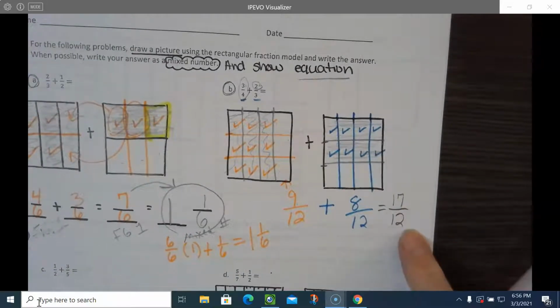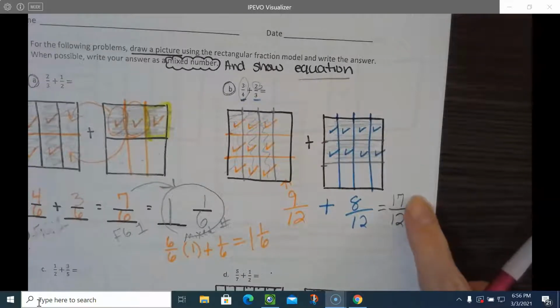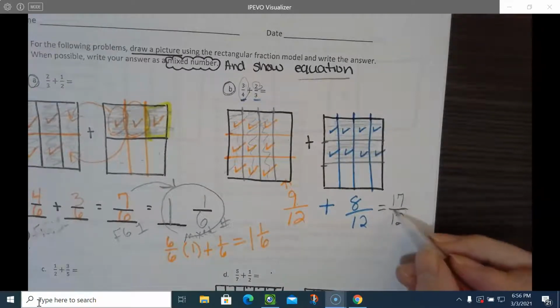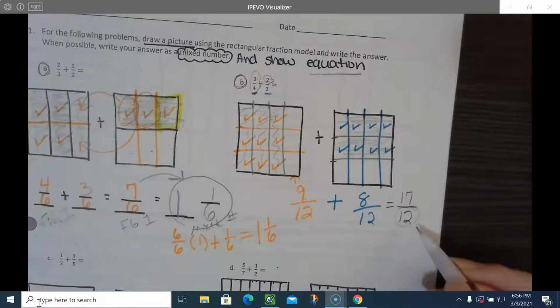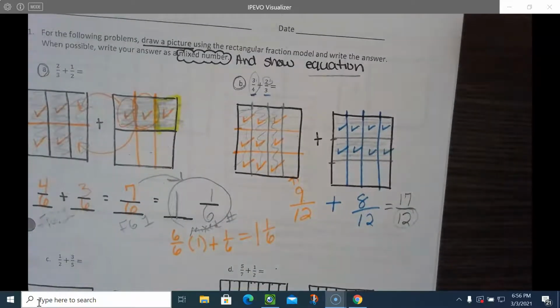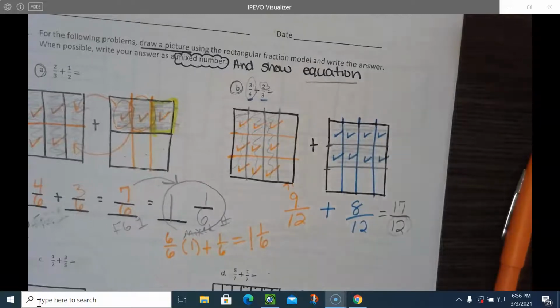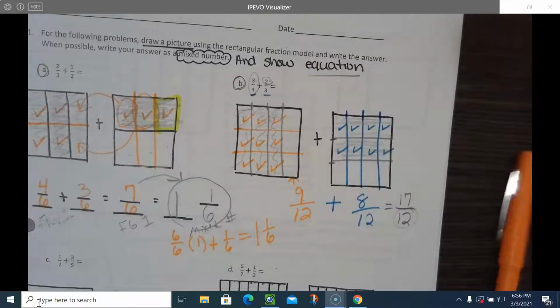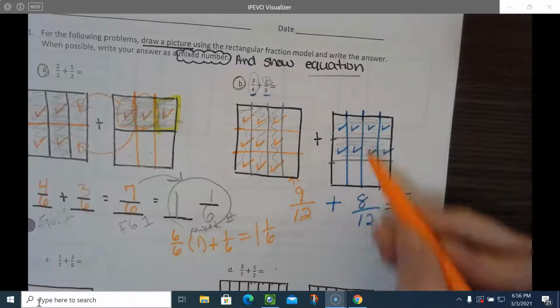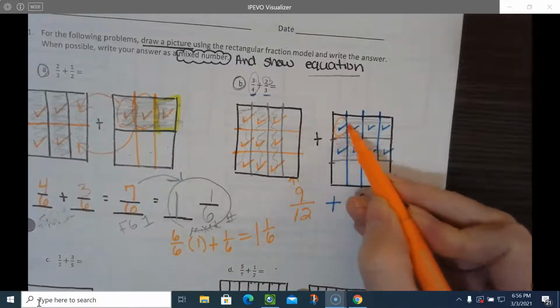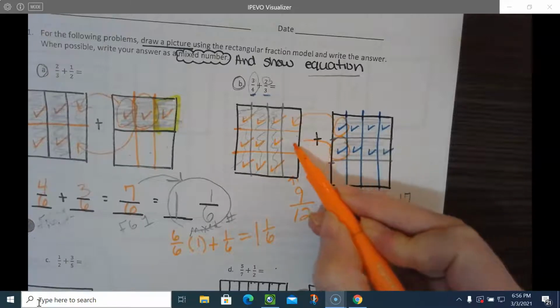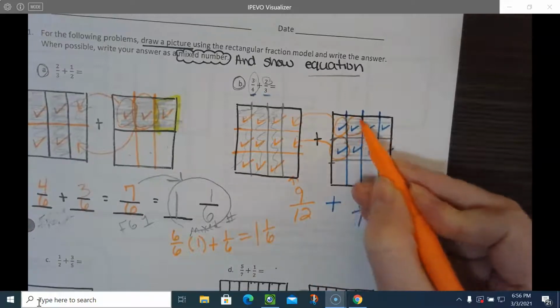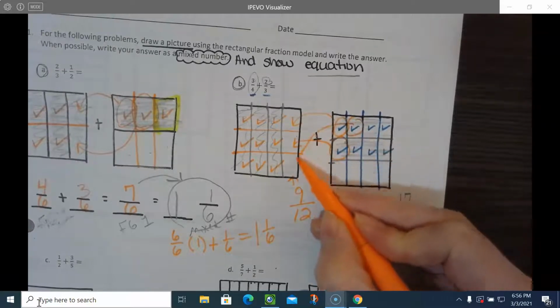Now you can see that this is a fraction that is greater than 1. I only need 12 of these parts to make one whole. So I can think about this, and if it's easier for me to use that visual model to put those parts over here, I could take one of these and move it over here. I could take another one and move it over there, and I could take another one and move it over there.